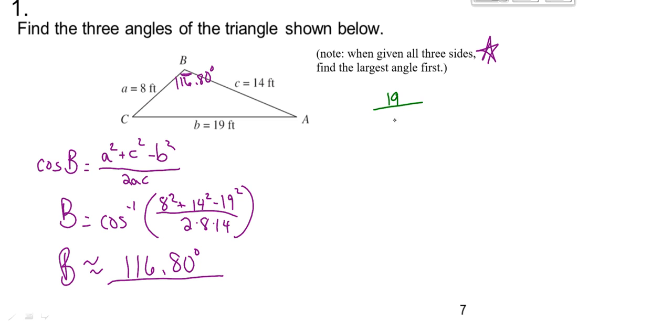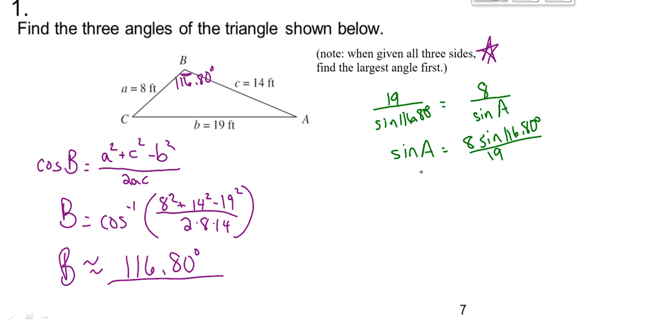So 19 over the sine of 116.80 degrees equals 8 over the sine of capital A. And so that means the sine of A is 8 times sine 116.80 degrees divided by 19.